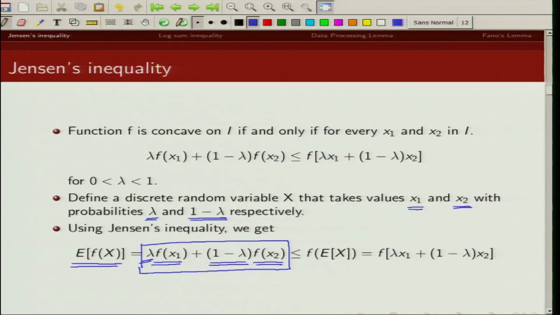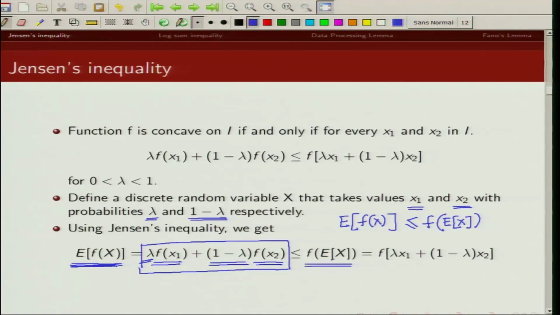Now Jensen's inequality says if the function is concave, then the expected value of the function is less than or equal to the function evaluated at the expected value of x. So according to Jensen's inequality, this term will be less than this.